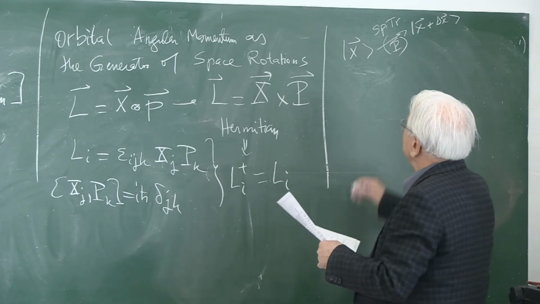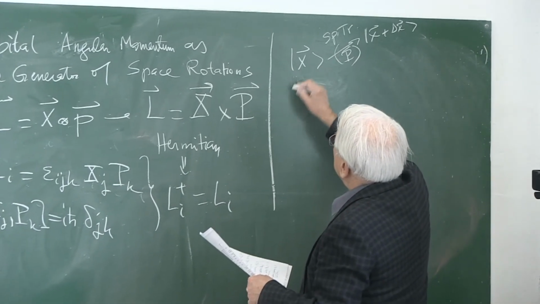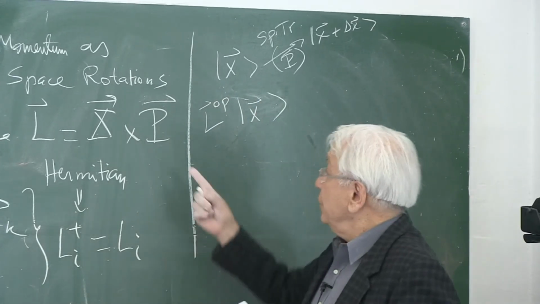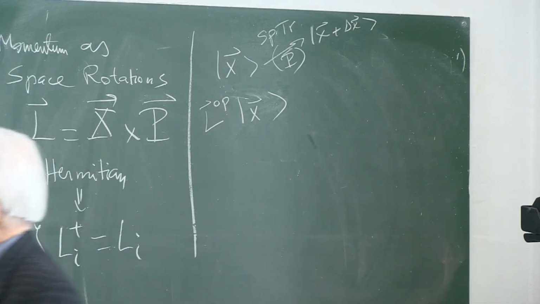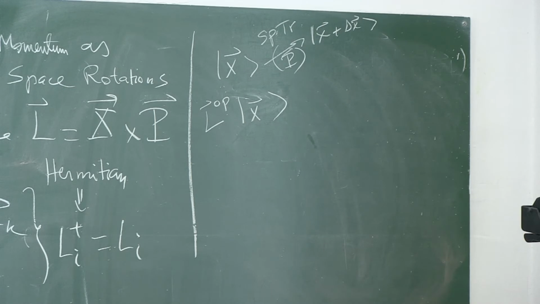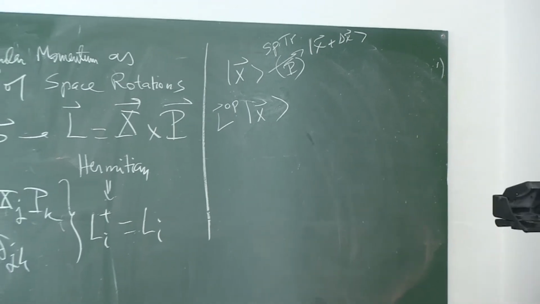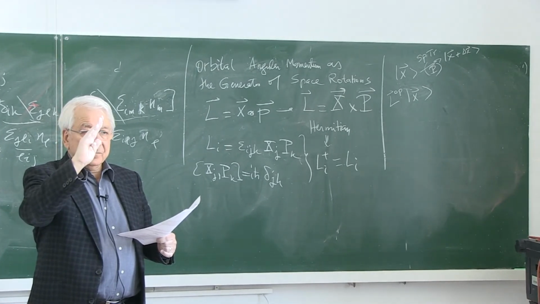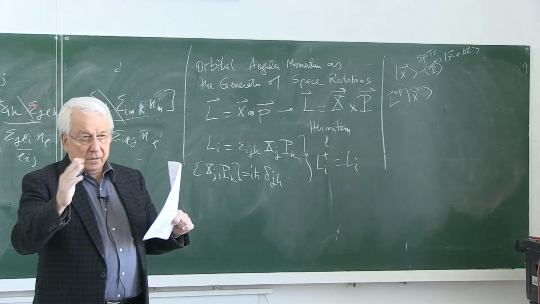I will proceed in the following manner. What is the effect of L on X? How does it work for the general case? Instead of the general case, in order to make use of those nice simple pictures, let me choose the LZ component and see how it acts on X. We know from ordinary classical mechanics that when you make a rotation about the third axis, it mixes the first and second coordinates: cosine theta, minus sine theta, cosine theta.